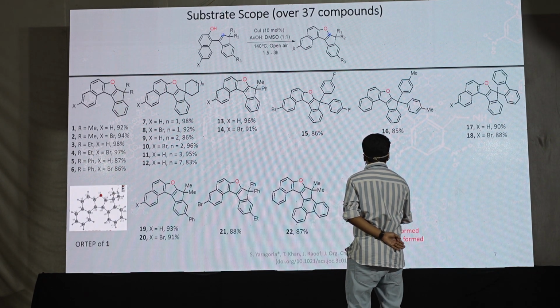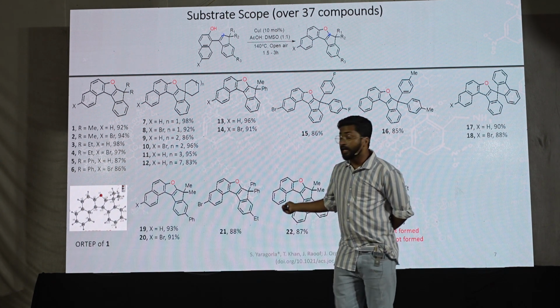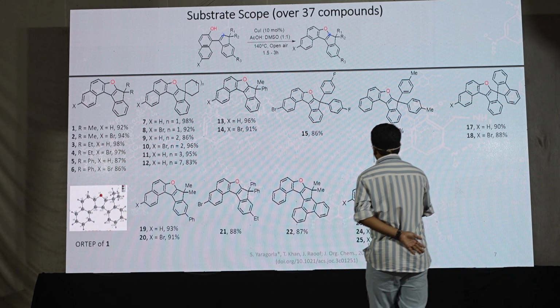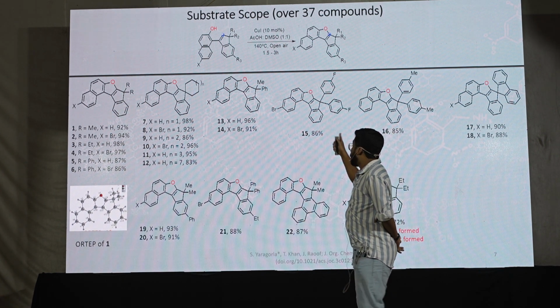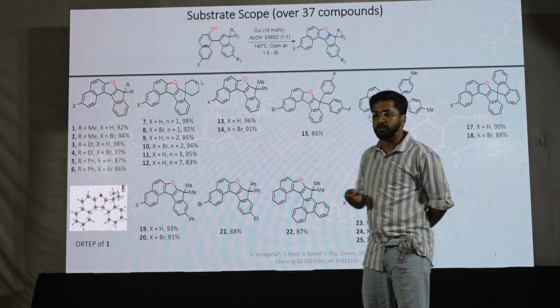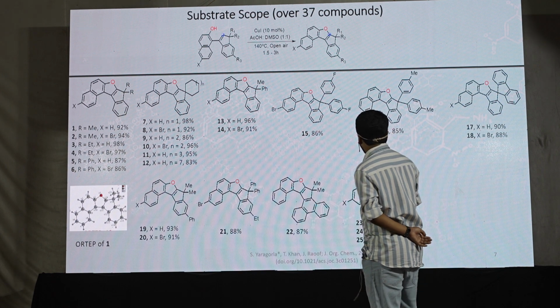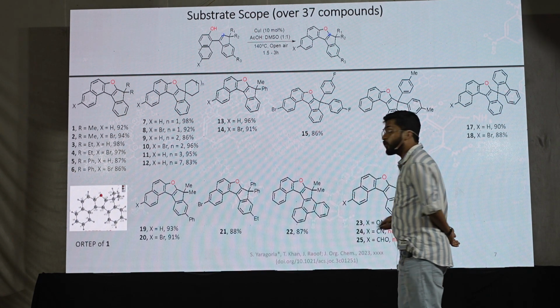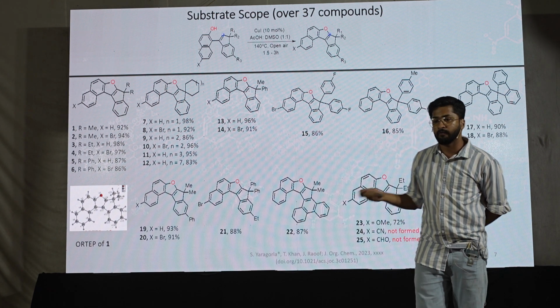There is a pi bond that is present in the cyano substitution and the aldehyde substitution. Now, this pi bond could possibly form an interaction with the copper. As I said, copper has a high tendency to bond with pi bonds. So, because of that, the copper in the catalyst could bond with the pi bond present in the cyano and aldehyde group, blocking the reaction. But that pi bond is absent in the methoxy group, so the reaction went through.